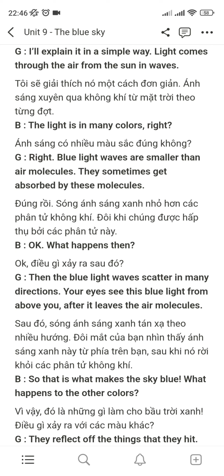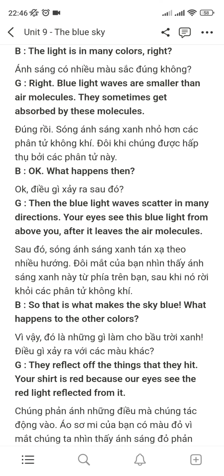Your eyes see this blue light from above you after it leaves the air molecules. So that is what makes the sky blue.